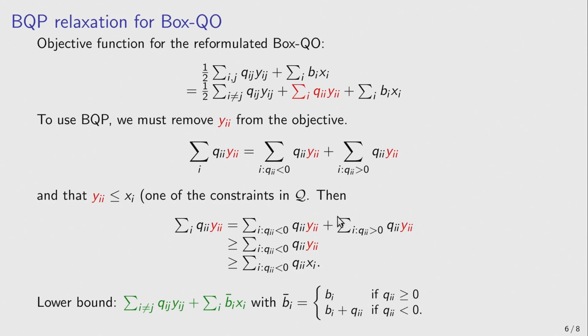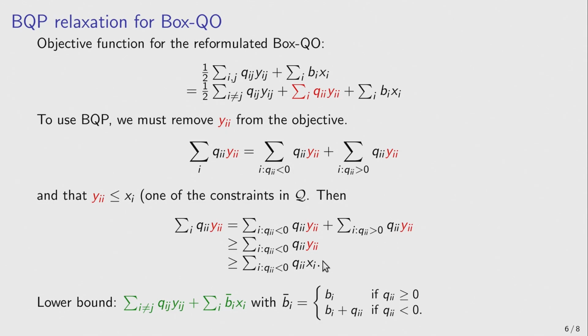This thing is definitely going to be non-negative. So if you sum this to a non-negative quantity, you get something that is definitely greater than or equal to this guy over here. So we just removed the non-negative part, due to the fact that its coefficients are all non-negative.